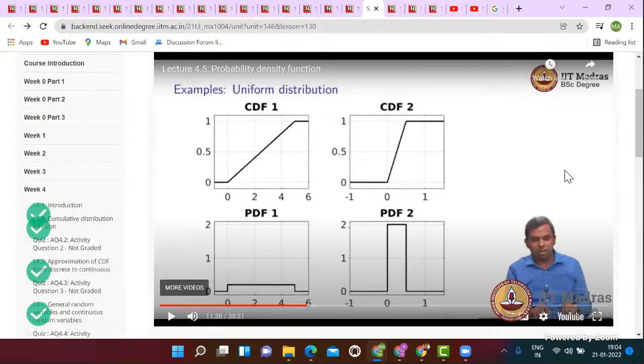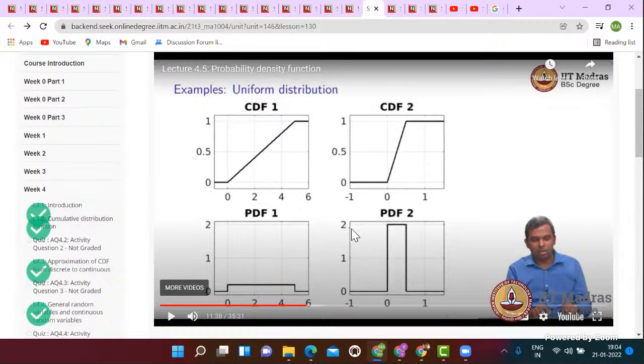Okay, so this is just a uniform distribution defined from 0 to, here, 0.5. So the density at each point is 1 upon B minus A, and accordingly it goes to 2.